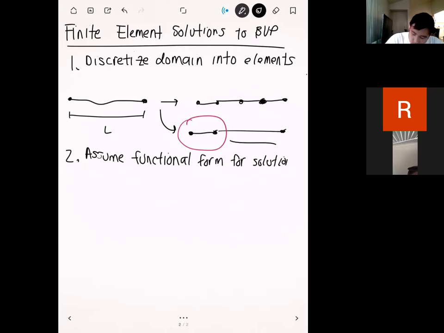Because we're not going to be solving these equations directly, we need to know what form of the solution we're going to be looking for in the end, or basically what our solution is going to look like, right? And if you remember, this was mostly based off the form of the weak form, right? Because our weak form only has first order derivatives, the simplest functions that we can use are linear functions.